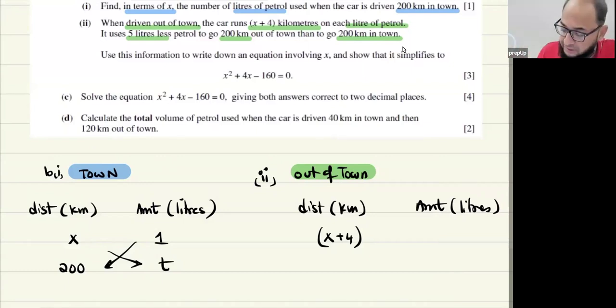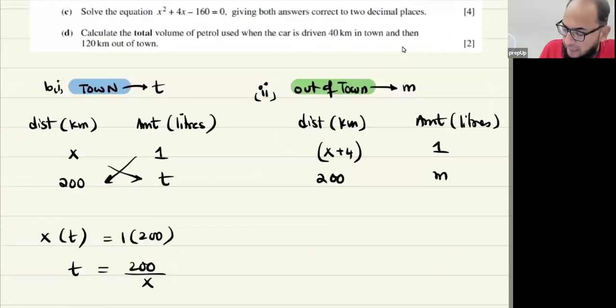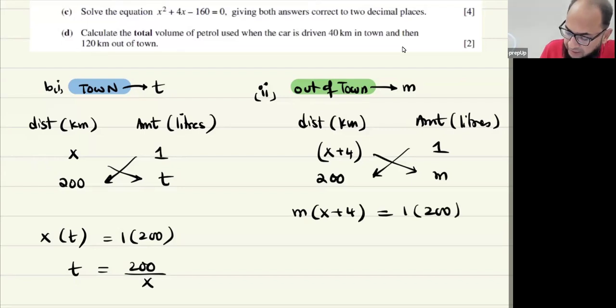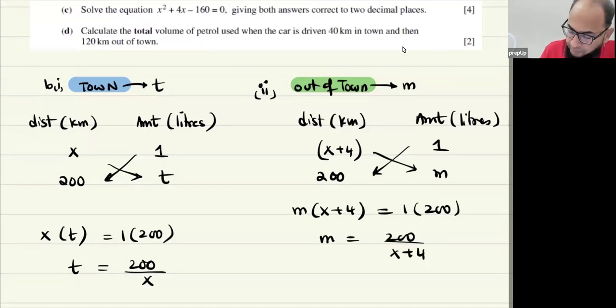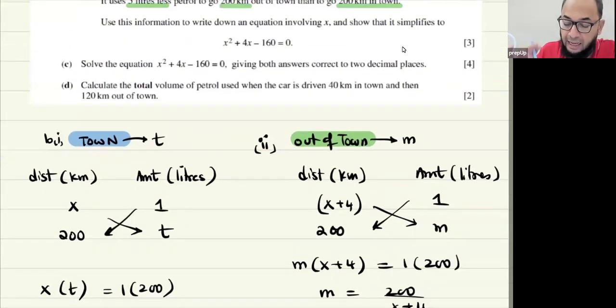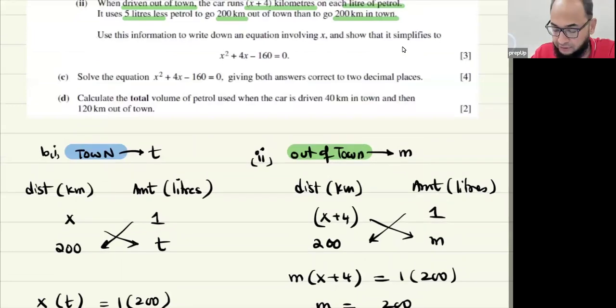So x plus 4 kilometers on 1 liter of petrol, therefore the same distance, 200 kilometers. That will be on, let me write out of town, so let me write M for that. So this is out of town, in town I'm writing T. Again, cross multiplication. So M into x plus 4 is 1 into 200. Therefore, M is equal to 200 over x plus 4. That is the amount of liters that is used.